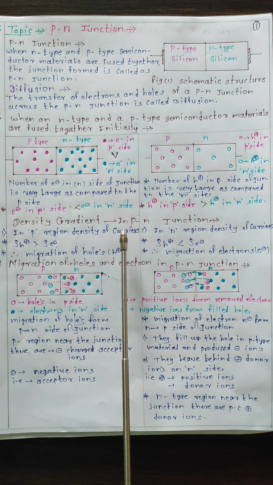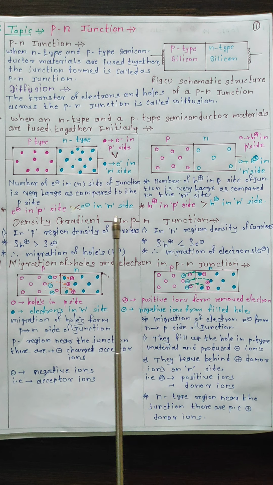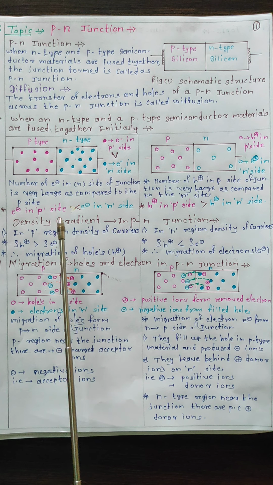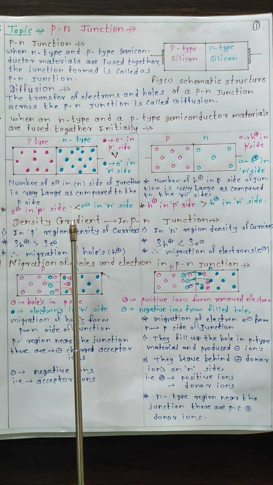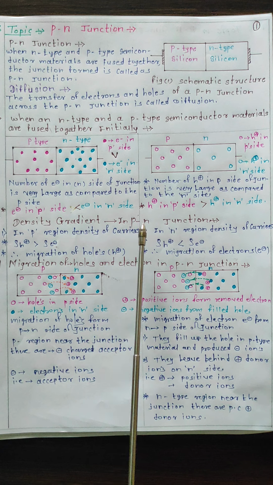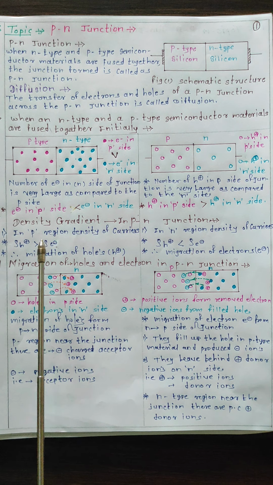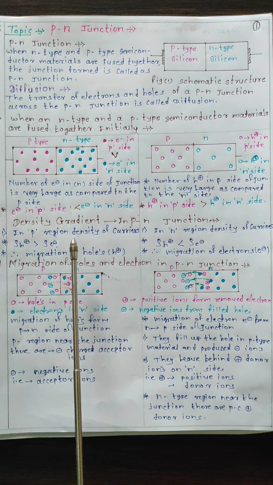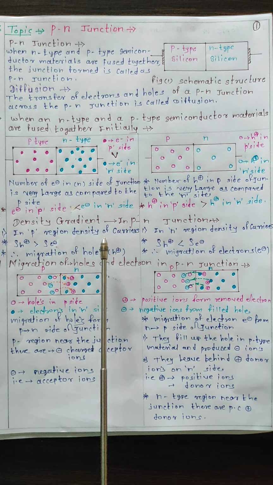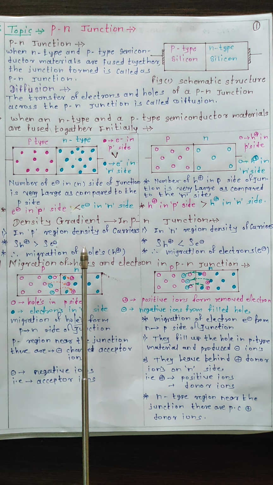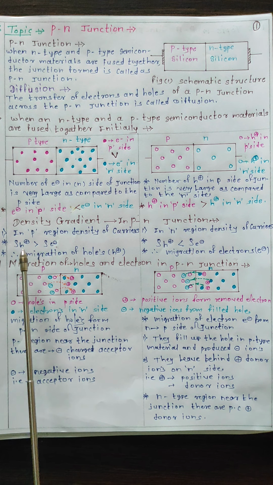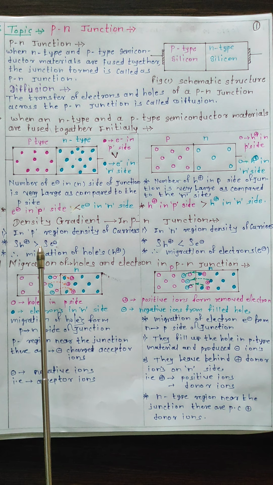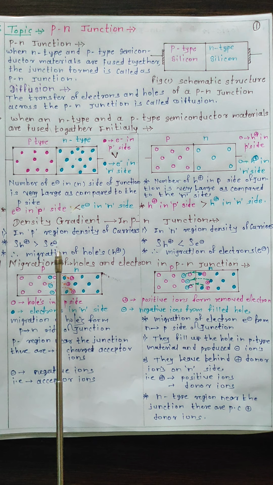Then next, density gradient in the PN junction. This density gradient depends upon the number of electrons and holes present in the PN junction. Consider the P region: the carriers there are holes and electrons. In that P region the number of holes is large as compared to the number of electrons.